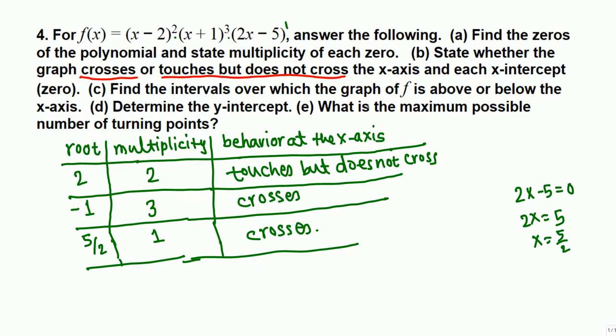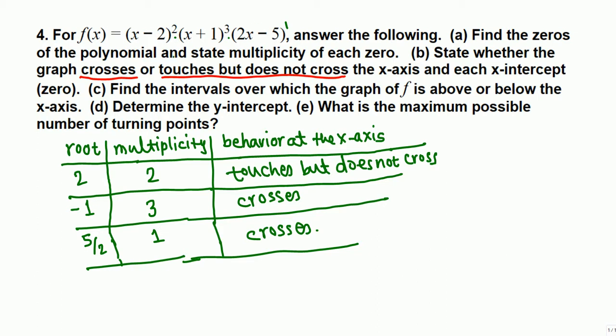Okay, next, part C: find the intervals over which the graph of f is above or below the x-axis. So we can sketch a rough graph of this function. We know the degree of this polynomial is 2 plus 3 plus 1, 6, or we can check from here, 2, 3, 1, 6, degree 6.